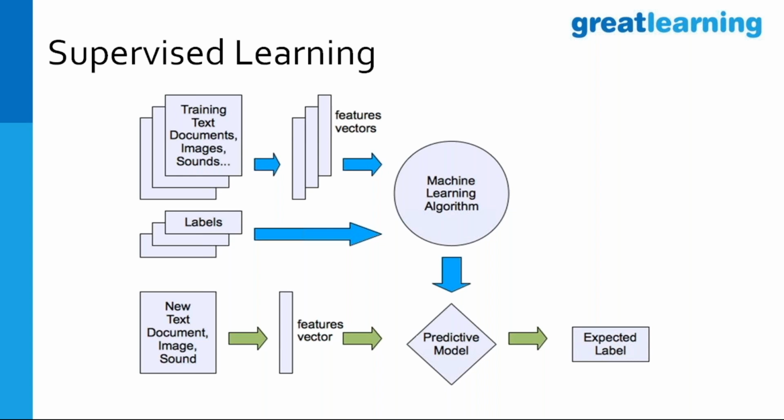So the data set goes to preparing the features and then going to the machine learning algorithm. The algorithm again goes to a predictive model. Predictive model, I'm saying, is any of the regression or classification models.